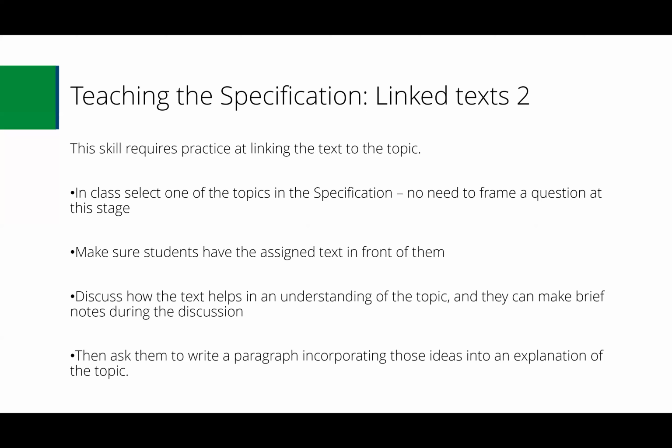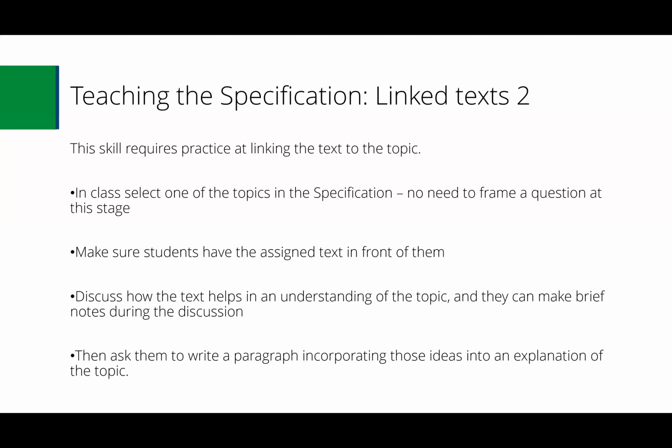So you might help your students develop this skill by helping them practice. In class, you might select one of the topics in the specification. Just look at the text, see how it can link in. There's no need to frame a question at that point. You can do that later on.